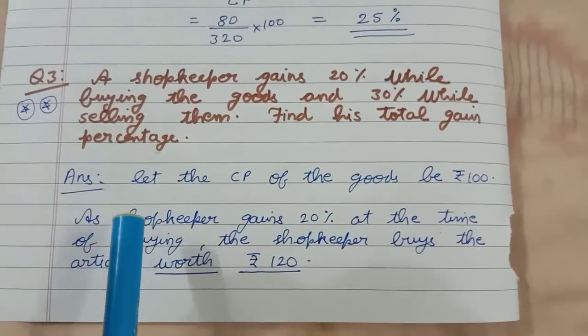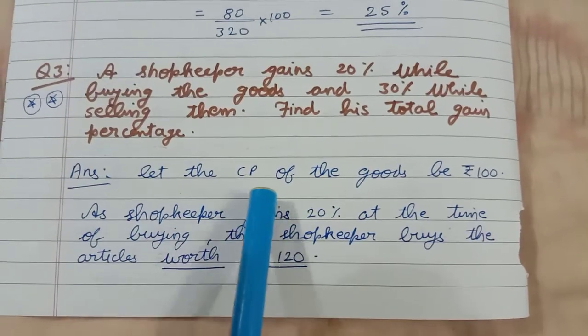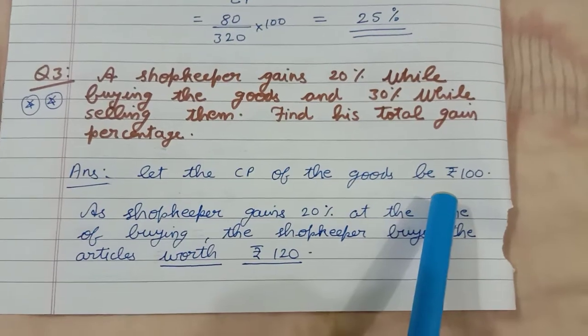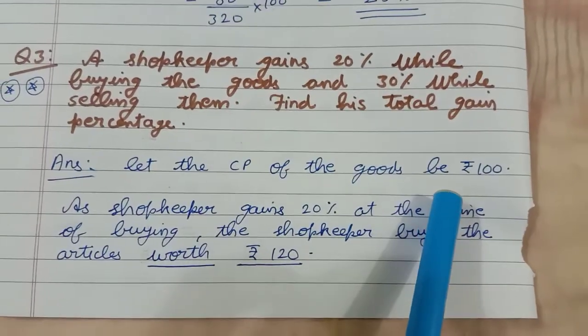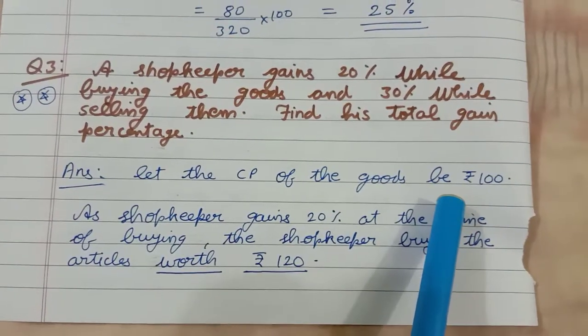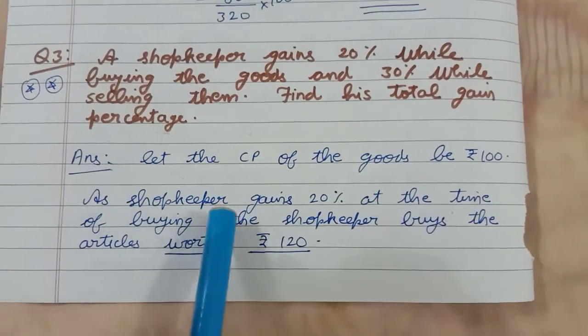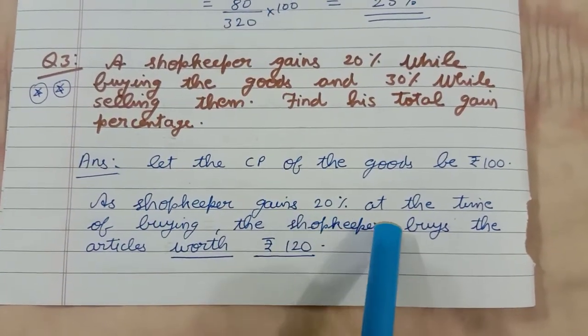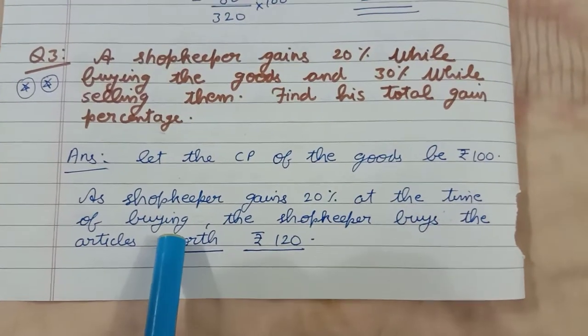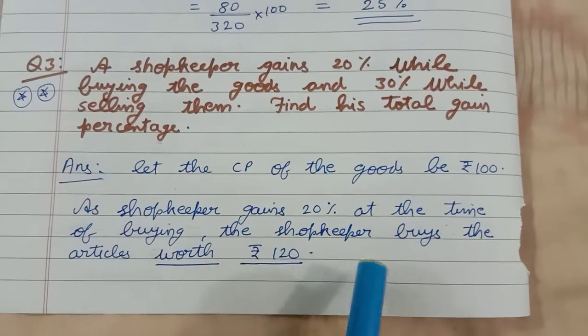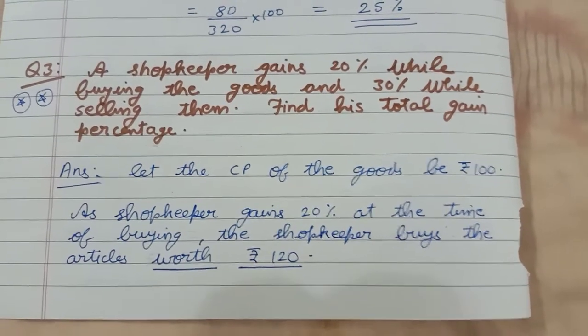Now, how to begin with the problem? Let the cost price of the goods be rupees 100. I have assumed the cost price of the article which he bought is rupees 100. As the shopkeeper gains 20% at the time of buying, the shopkeeper buys the article worth 120.